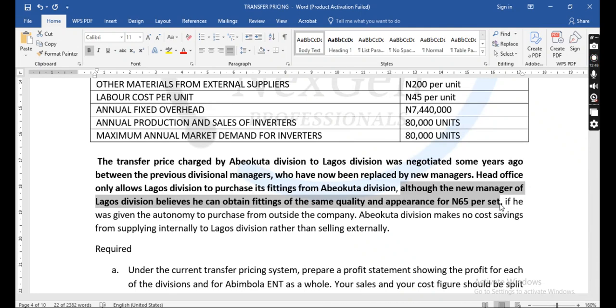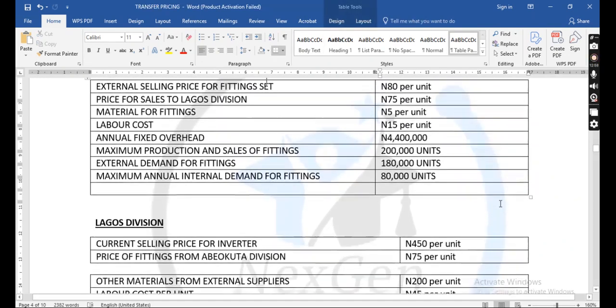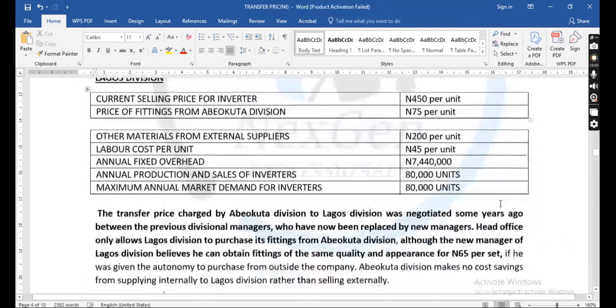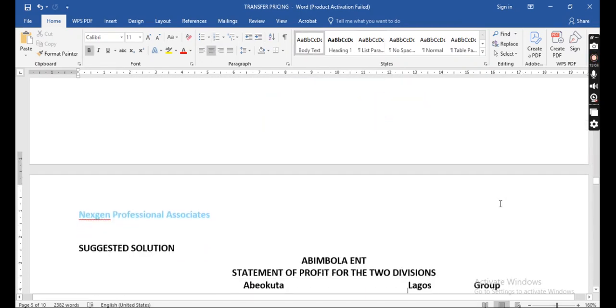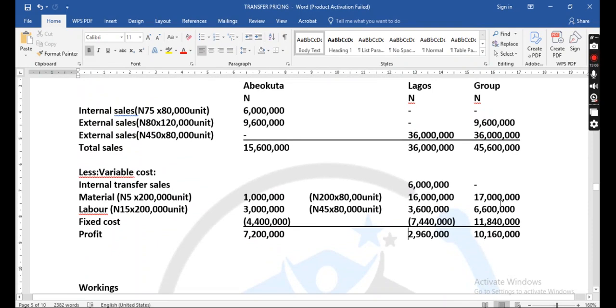Abeokuta can supply the whole 180 to the external, because the external needs 180, at the price stated here, which is 80. And that is what it means. Then we need to restructure our calculation.